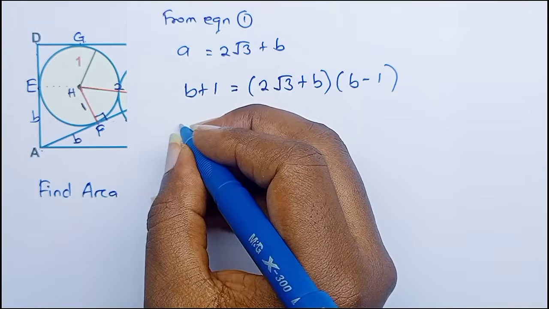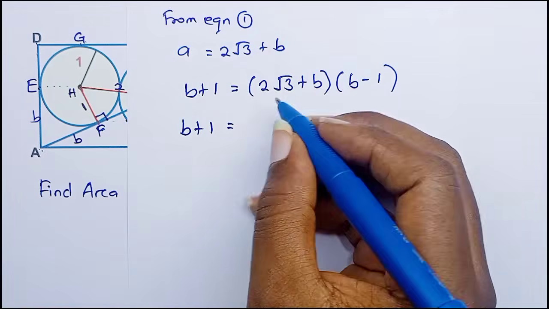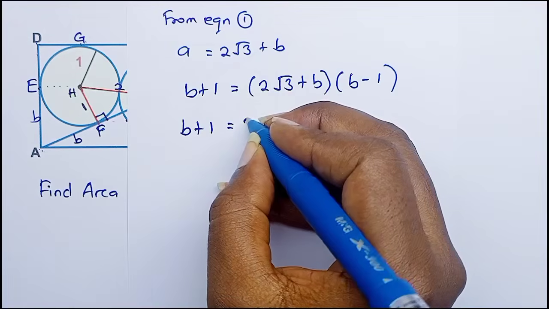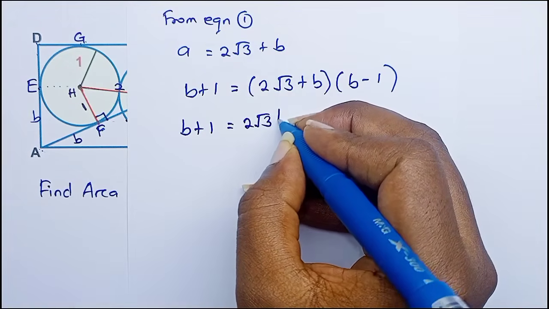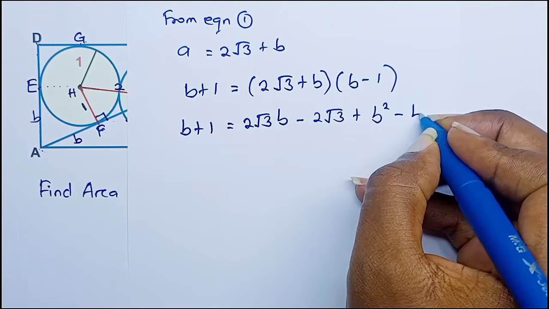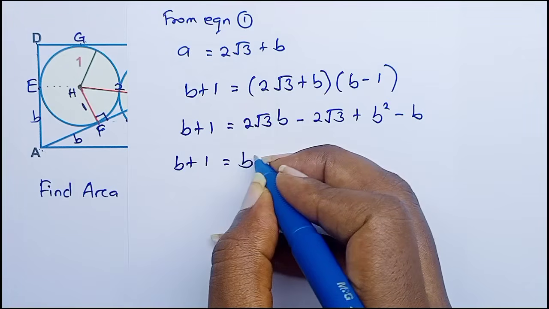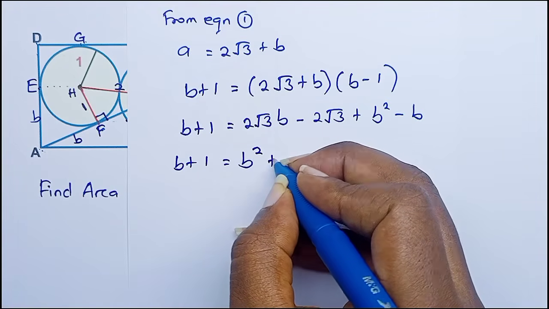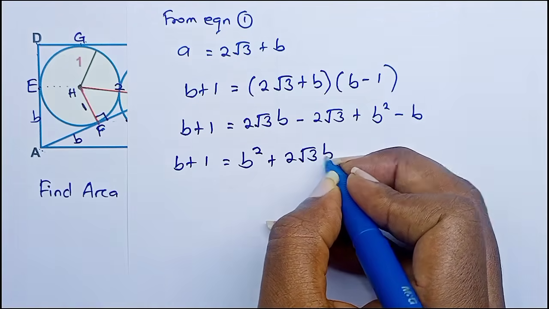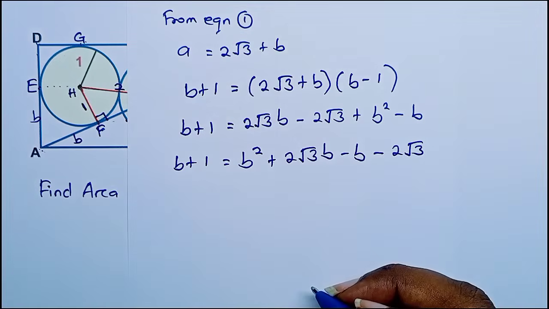So we shall have B plus 1 equal to, when we expand this, we shall have 2 root 3b minus 2 root 3 plus b squared minus b. So we have b plus 1 equal to b squared plus 2 root 3b minus b minus 2 root 3.